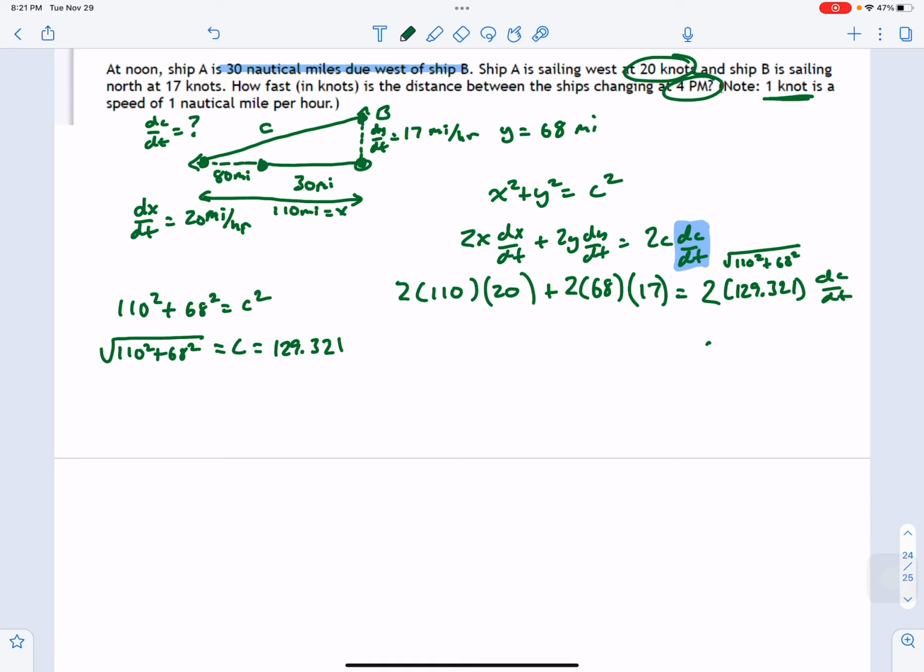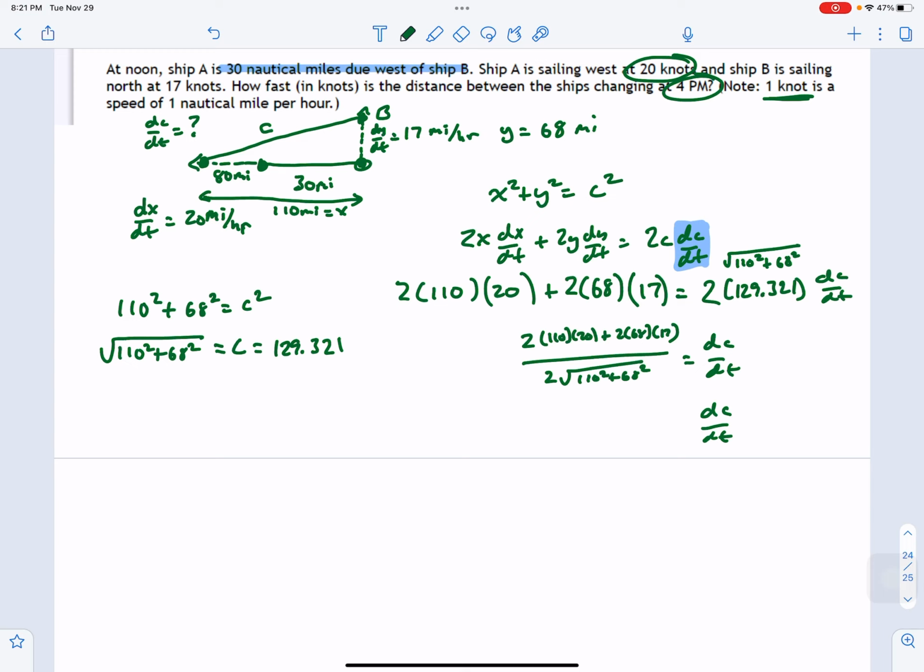Okay, solving for dc/dt, dc over dt is equal to, you can multiply that out together, or it's 2 times 110 times 20 plus 2 times 68 times 17. And again, you can leave that as a square root: 2 square root of 110 squared plus 68 squared. Or put it in your calculator. So let's go and plug that into a calculator.